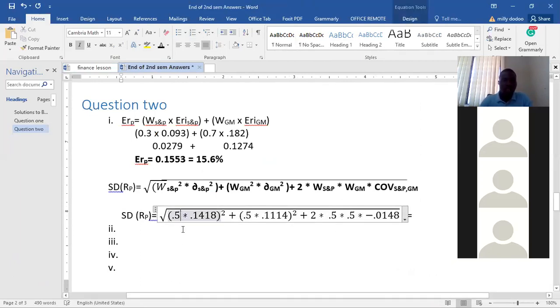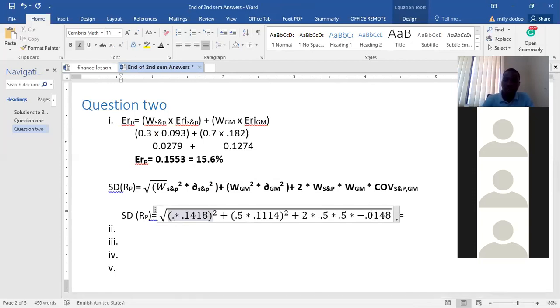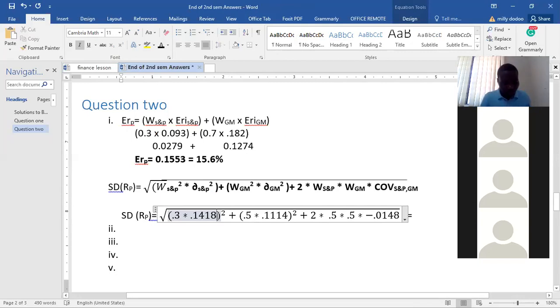So the weight of the first one is 0.3, and then they gave you a standard deviation.